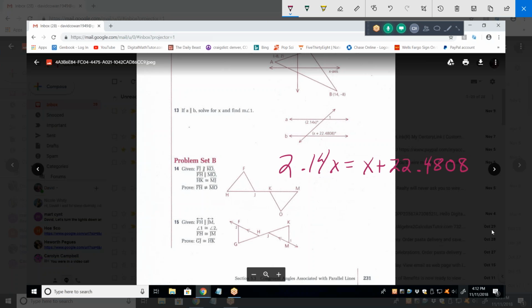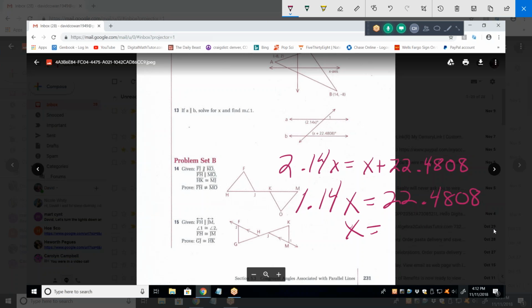So I'm going to move the X to the left. Got to believe that's a whole number. 22.48 divided by 1.14, I get 19.7, which means it's probably 20.